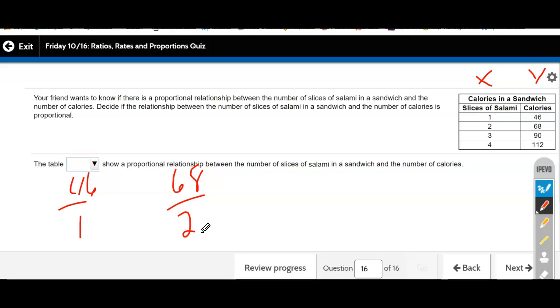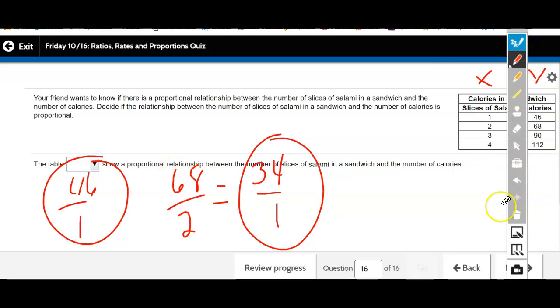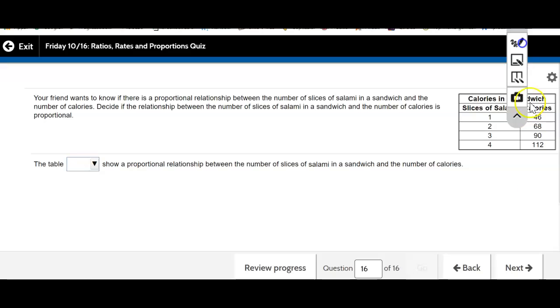Simplify that. What is that? 34 over 1, right? So now I can stop right there, because look, 46 over 1 and 34 over 1, are they equal? No, so guess what? It's not proportional. And that's it. That's your quiz.